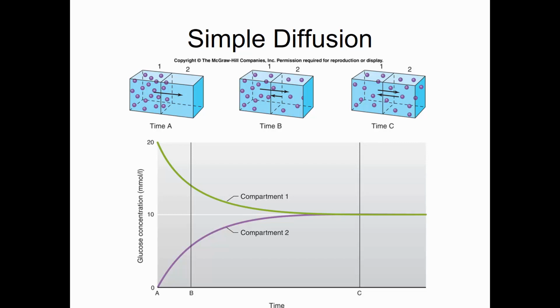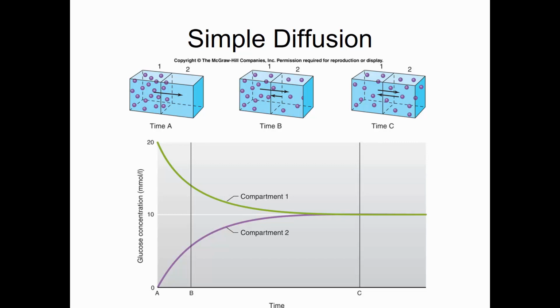This is a picture of two solutions. One is a glucose solution, one is pure water, and there's been some kind of pretend barrier in between them, and suddenly the barrier is removed, and now glucose is able to diffuse along its concentration gradient.